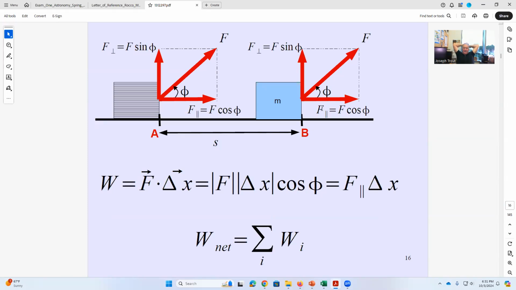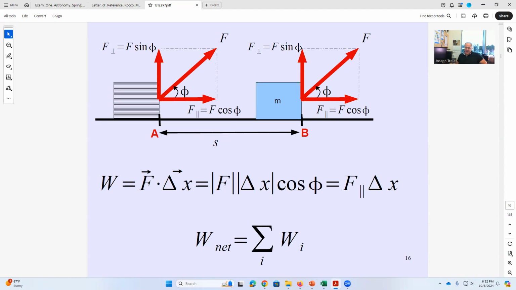So what we really should say is we want the force dotted to the displacement, or the magnitude of the force times the magnitude of the displacement. By the way, this time S, the displacement, is just in the X direction. So we replaced it with delta X times the cosine of the angle between them. Or really what we're saying is we want the component of the force that's parallel to our direction of motion. So we want the component of the force that points in the direction we're moving.